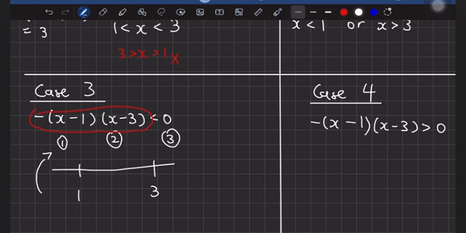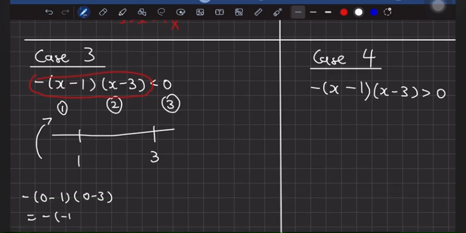Over here, I'll have minus 0 minus 1, 0 minus 3. So I'll have negative 1, negative 3, and with the leading negative I get a negative 3, so it's minus, plus, minus.